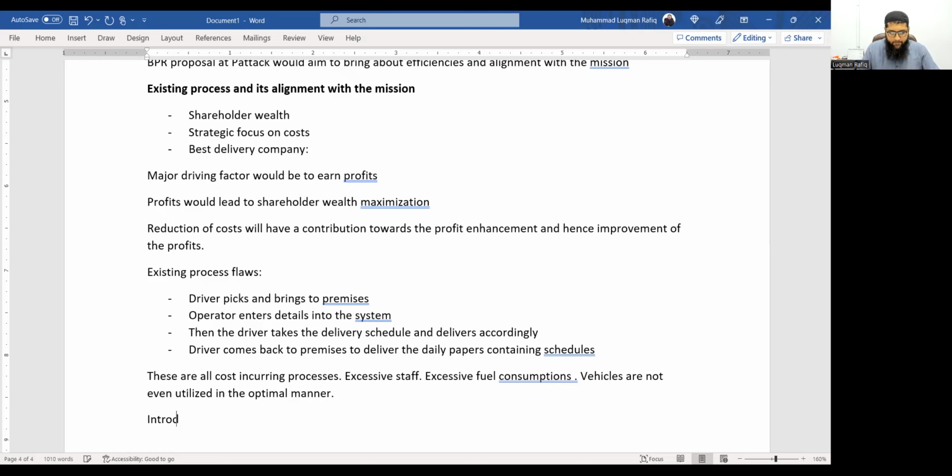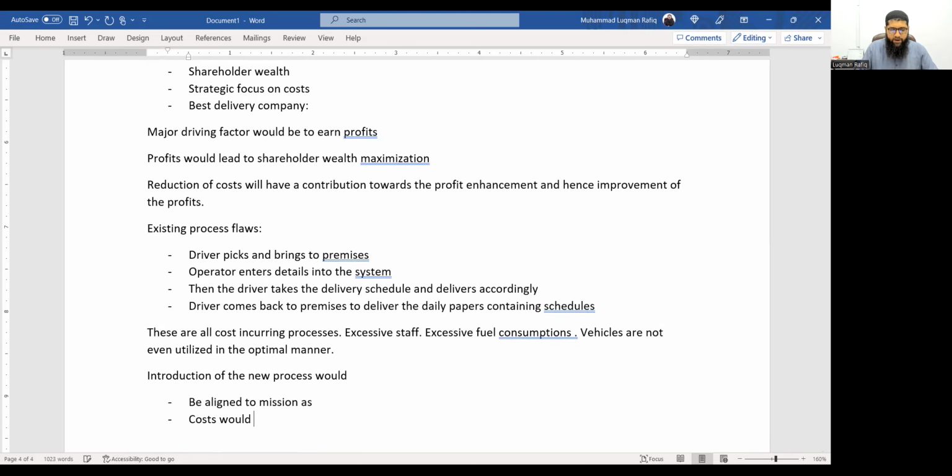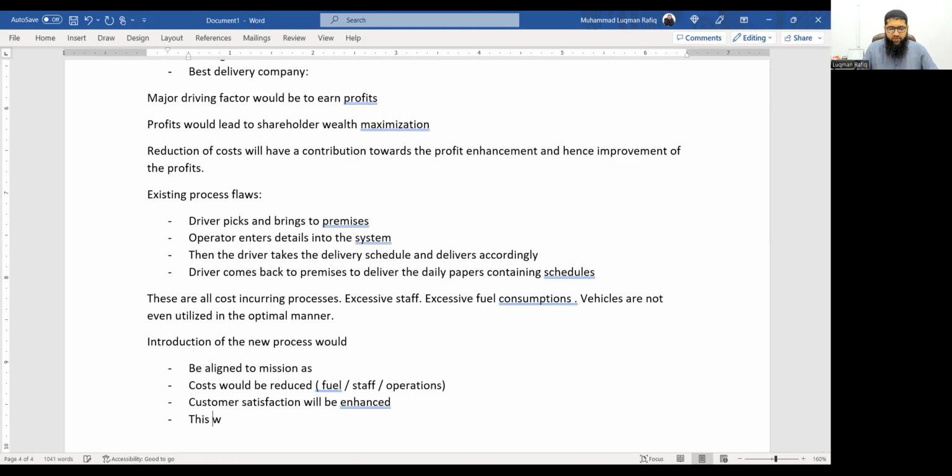Now, the introduction of the new process would be aligned to the mission as cost would be reduced: fuel, staff, operations. Customer satisfaction will be enhanced.